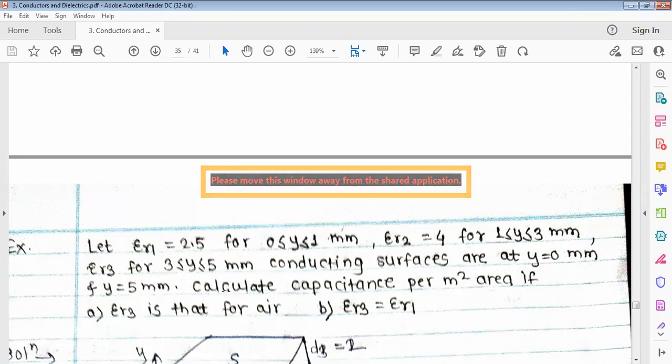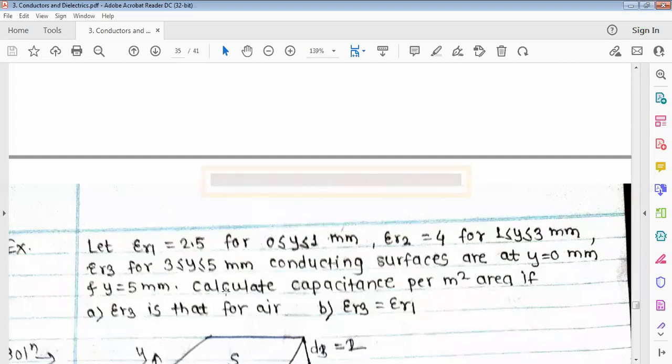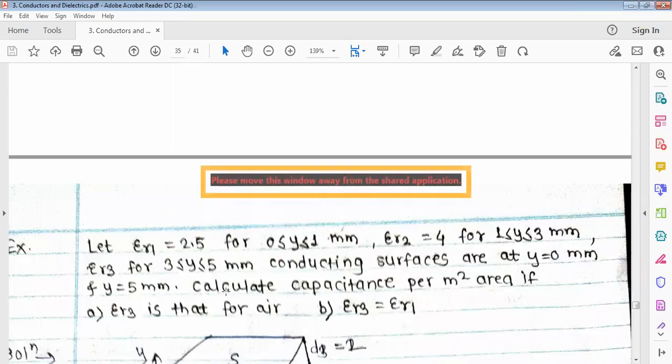First understand, and then write the things. Only copy-pasting and blackening the pages is not the way, because whatever question papers or ICA papers I have seen, I'm not satisfied with your results.